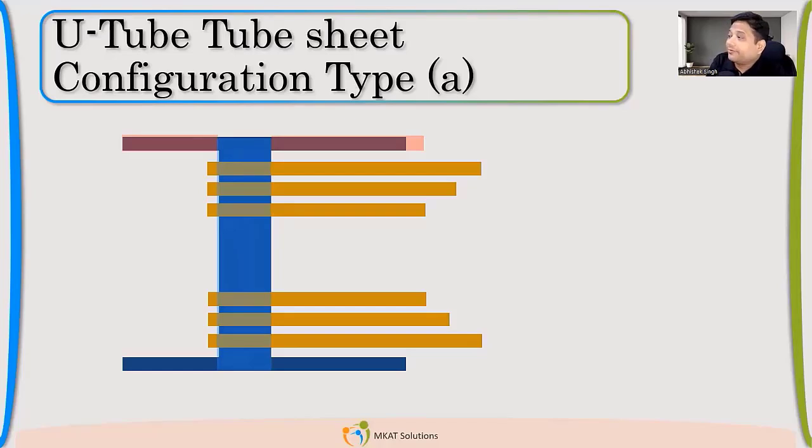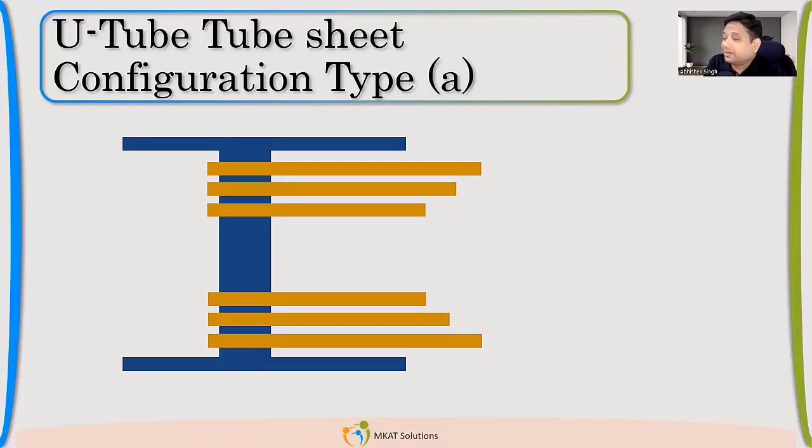So that is what we are talking about. Basically, this is one way my tube sheet can be attached to shell and channel. Completely welded, both sides integral. This is configuration A. Just remember the configuration name. So configuration A means both sides welded.